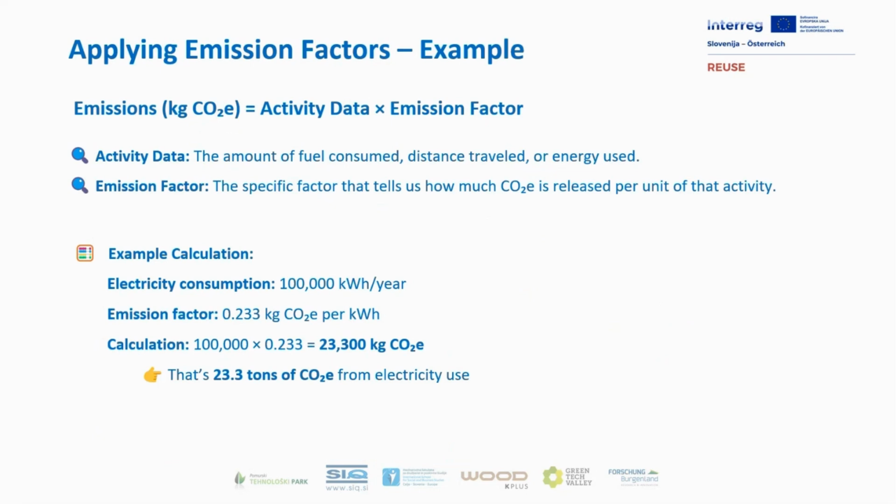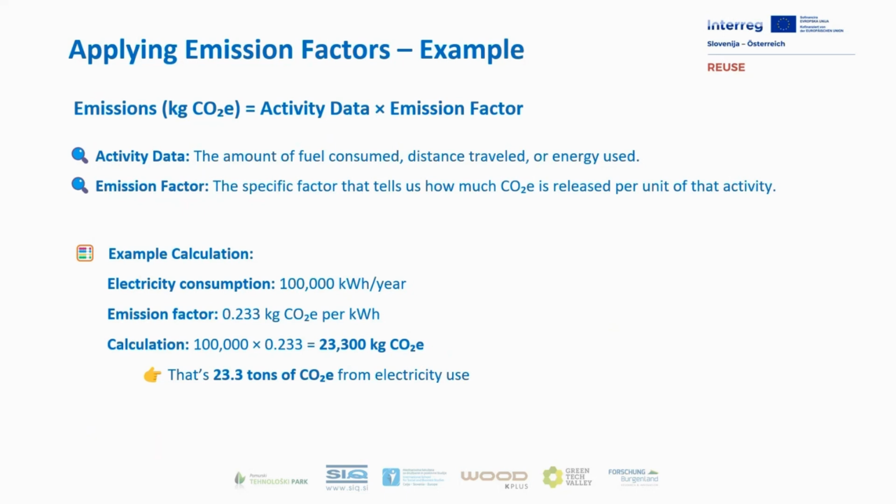So when it comes to transportation, the emission factors depend a lot on the mode of travel. A passenger car running on gasoline emits about 0.192 kilograms of CO2e per kilometer. A diesel truck is even higher, with around 0.252 kilograms of CO2 per kilometer.